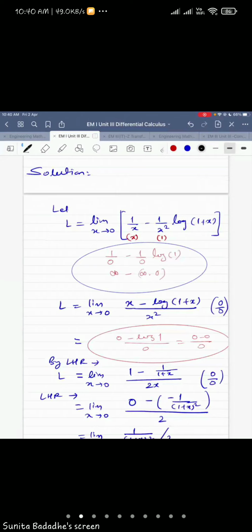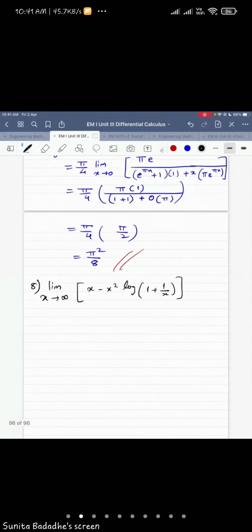Okay. Now see, if I make 1 by x equal to y, then y will tend to infinity. And I'll get a term y minus y log of 1 plus 1 by y. Isn't it? So this question number 5 and question number 8 are actually the same, right?